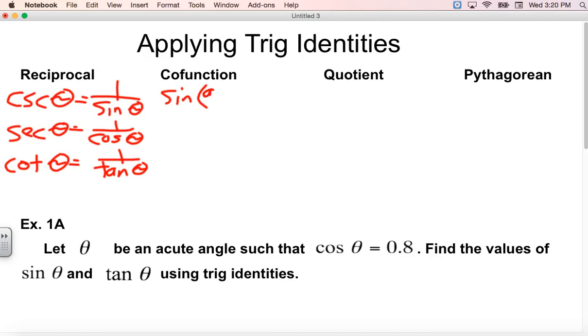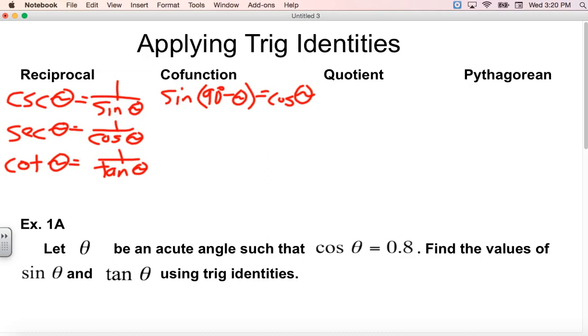All right, so the sine of 90 degrees minus your theta is going to be equal to the cosine of theta. And vice versa. Cosine of 90 minus theta equals the sine of theta. So essentially what that's saying is, let's say the angle was 60. So sine of 60 is going to be the same as the cosine of 30. The sine of 30 is the same as the cosine of 60, and vice versa.